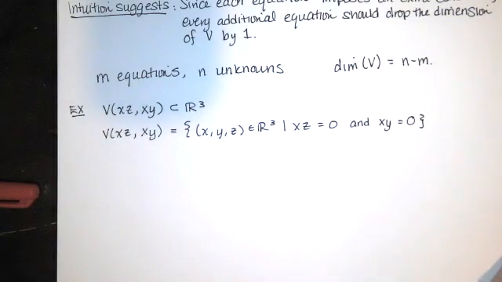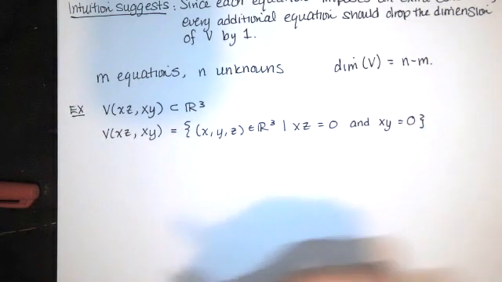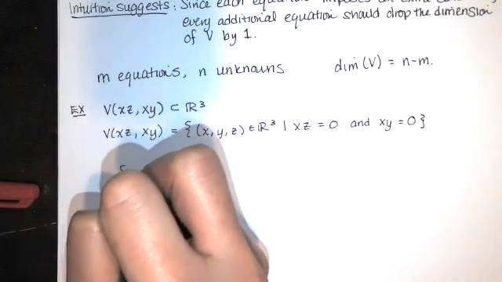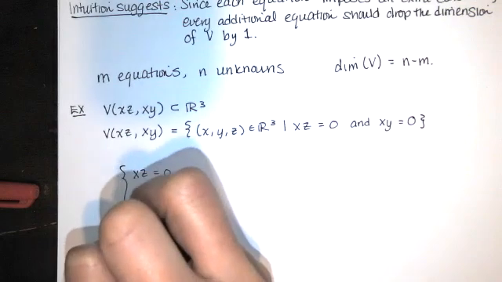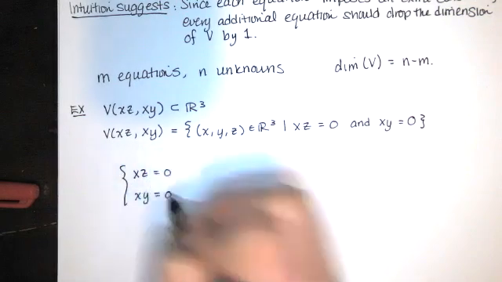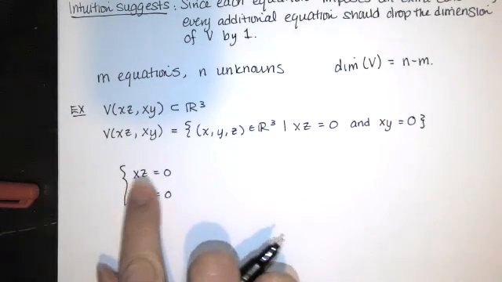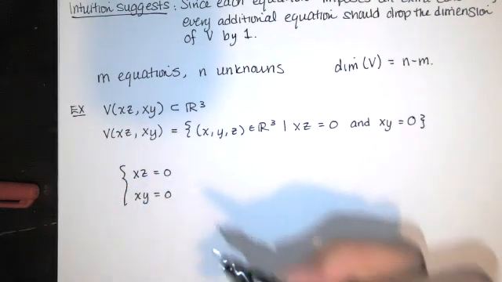So you might ask yourself, in 3-dimensional space, what does that solution set look like? Well, let's look at the equations. You've got x times z equals 0 and x times y equals 0. The only way the first one equals 0 is if x equals 0 or z equals 0.